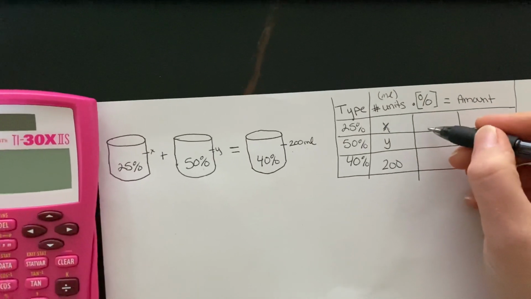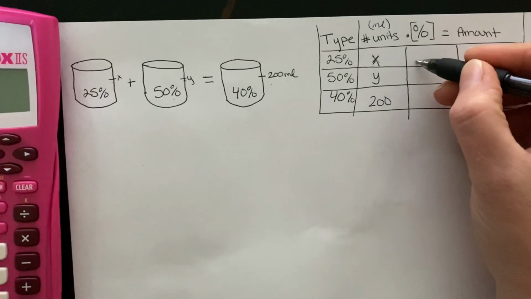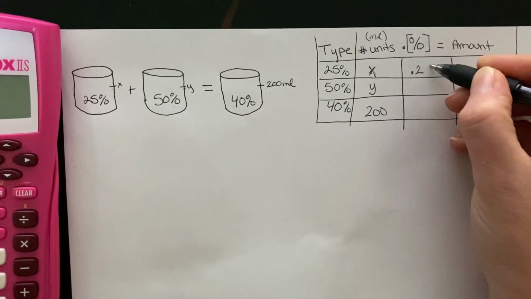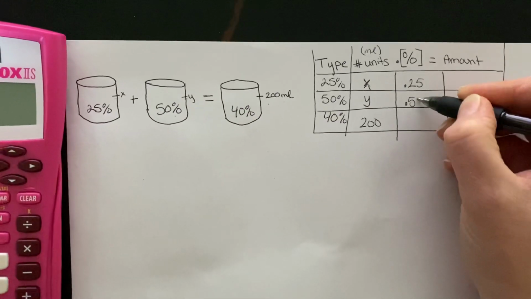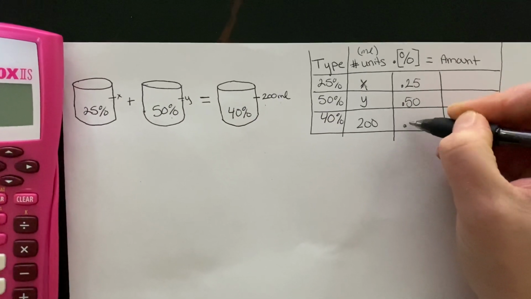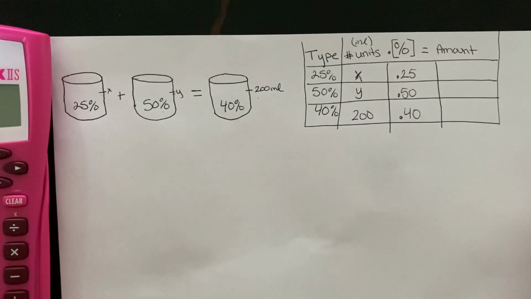And then the concentrations, it's easiest if you convert it into a decimal. So 0.25 is our concentration there, 0.50 is our concentration here, and 0.40 is our concentration here.